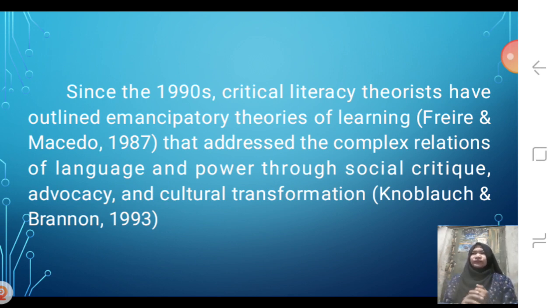So, kumbaga, nagbibigay ito ng solutions para ma-examine yung mga social issues or the advocacy of the people and also the cultural transformations, or realigning again the culture of the people through changing the vision, the mission, and the goal of their culture.